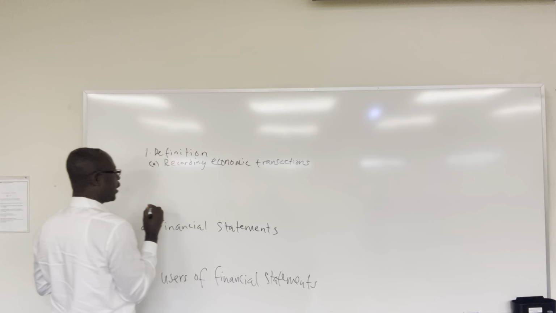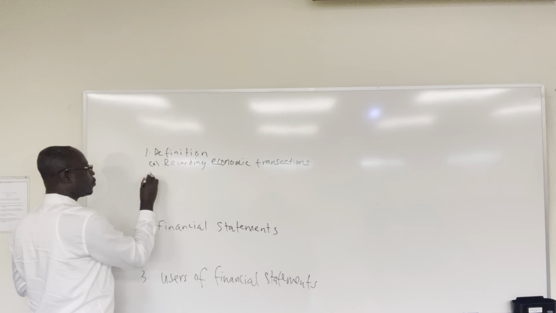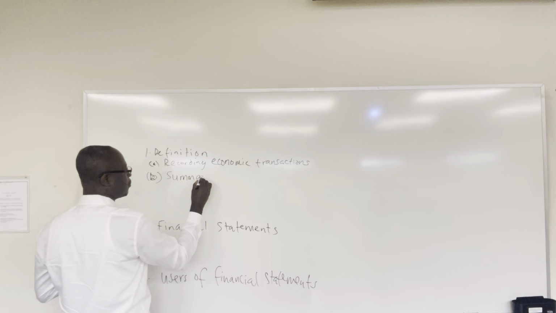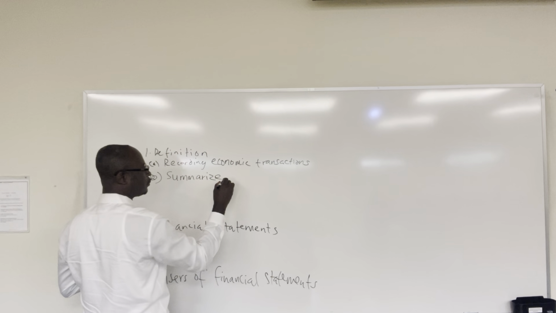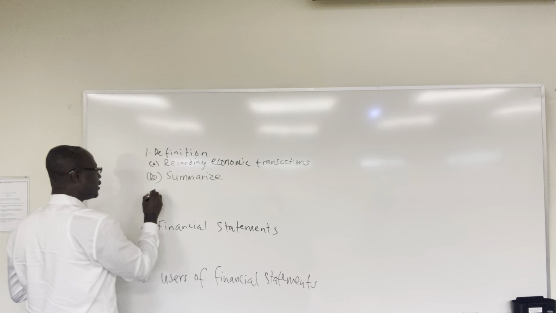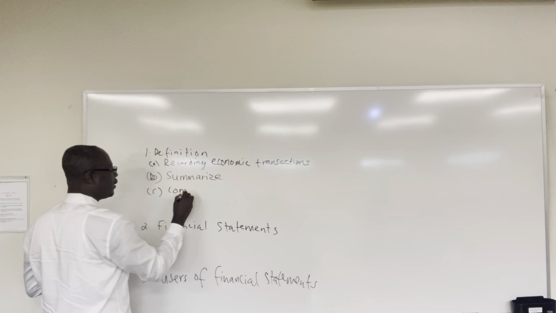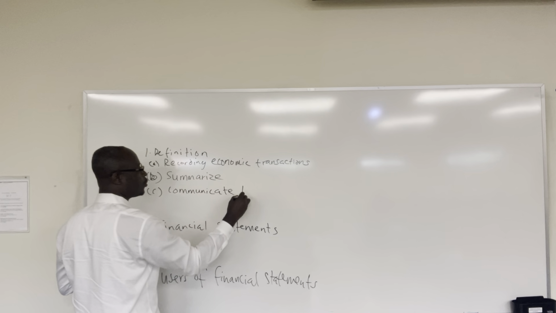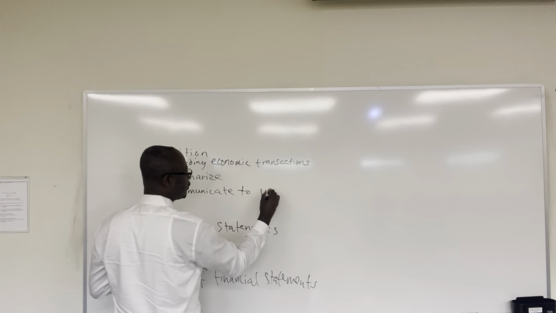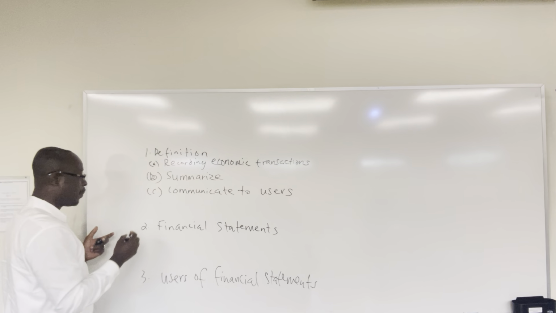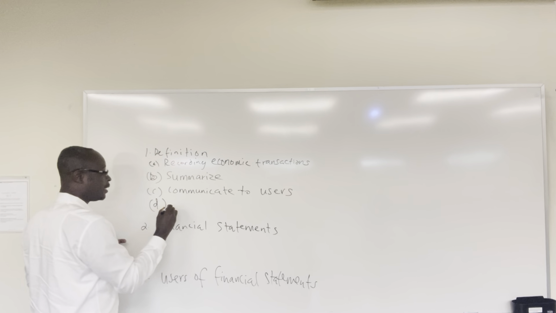Once we record it, two, we summarize them in the form of financial statements. And then three, we communicate that information to users of the financial statements for purposes of decision making.